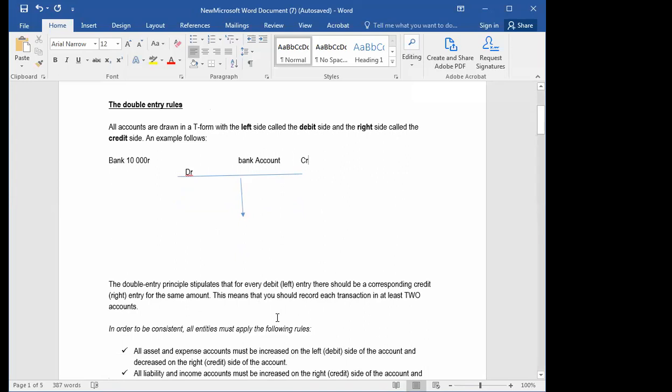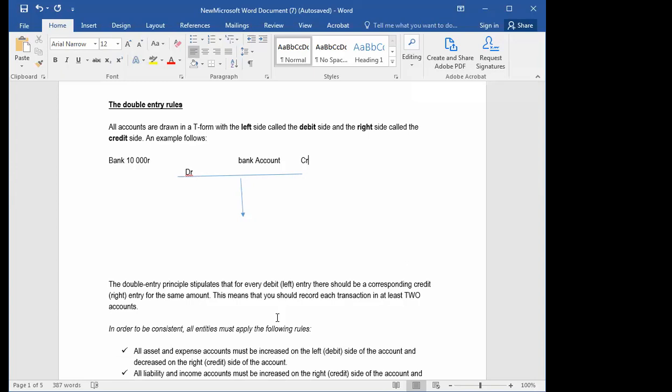And then the double entry principle, number 2, it says this principle stipulates that for every debit on a left entry, there should be a corresponding credit on a right entry for the same amount. Therefore, if you recorded something on a debit side, you need to record something on a credit side as well. This means that you should record each transaction in at least 2 accounts.